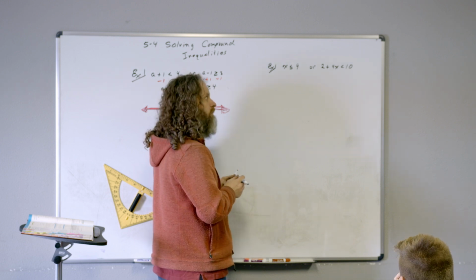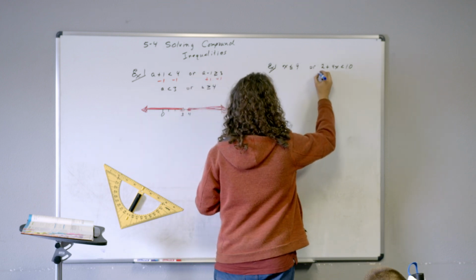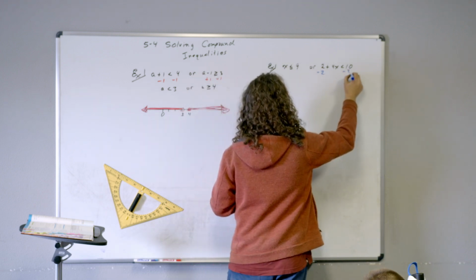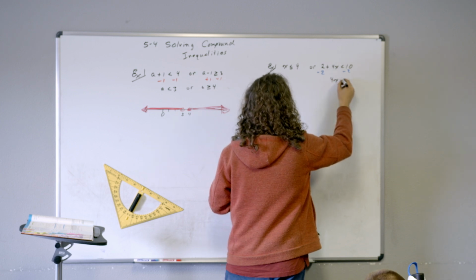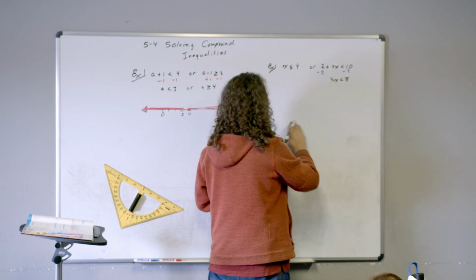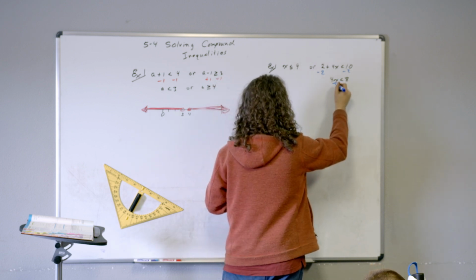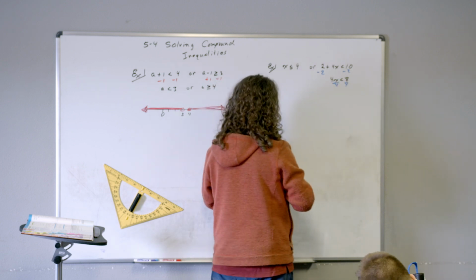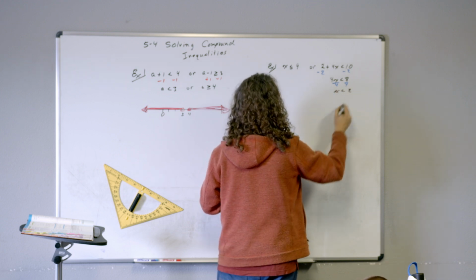The 2 is the one that's got to be subtracted, not the 4. Now what? Now we divide the 4. So x is less than 2.